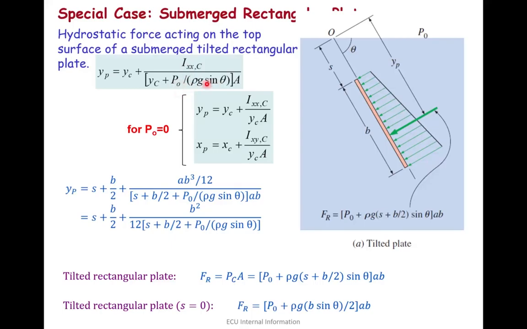But if we don't include atmospheric, this would be 0, and exactly with Yc, the formula that we already introduced, which is this one. And Xp, if there is no axis of symmetry, then we need to work out what the Xp is. So in this case, you can see that the definition for each parameter is given in this figure, and we write it in this formula.